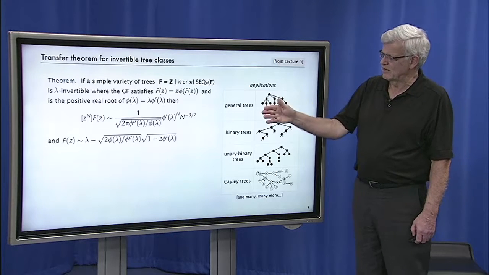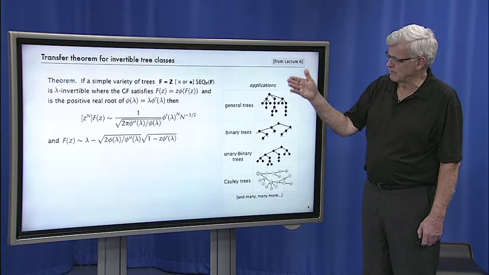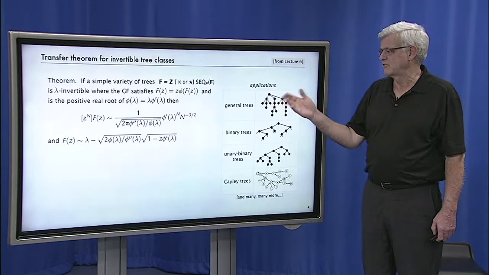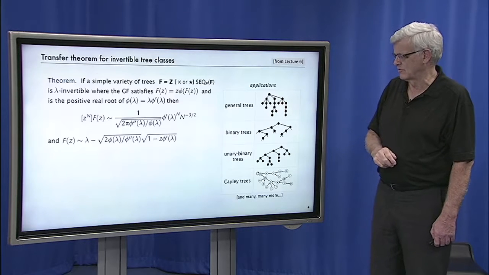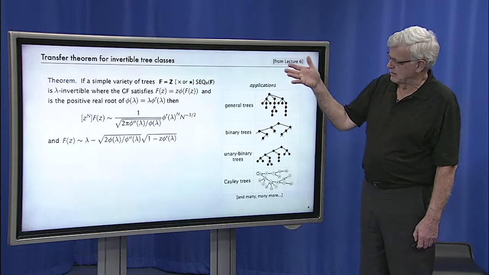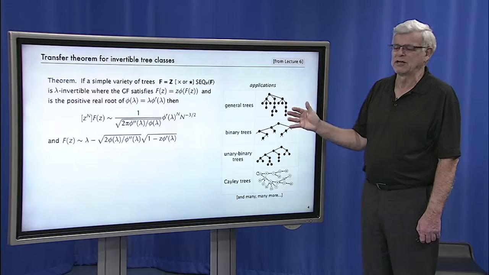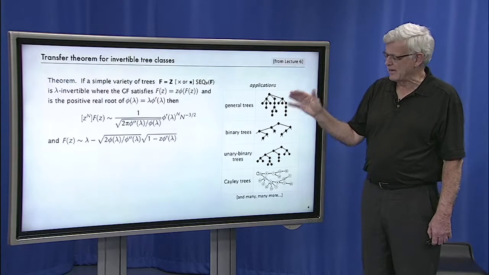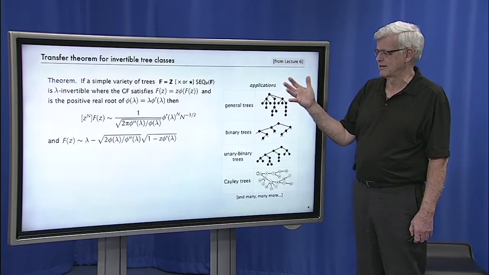And it's also the case that the singularity analysis gives us an approximation to the function itself. That's going to work out to be important in applications later on in this lecture. So it says that a simple variety of trees has a square root singularity, and we can accurately approximate both the function and its coefficients at that singularity.